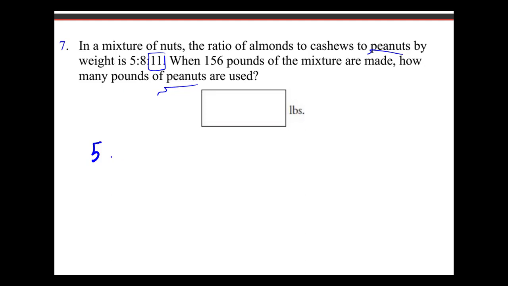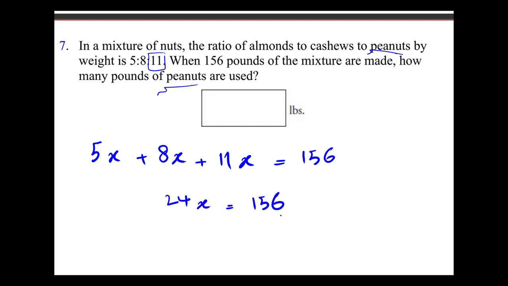So in total, how many almonds do we have? We don't know. But every one of them is 5, so 5 times x, plus what about the cashews? It's 8 times x, and the other one is 11x. Now we have 5x, 8x, 11x. Sum them up: 5 plus 8 is 13, plus 11 is 24 times x, which is 156.